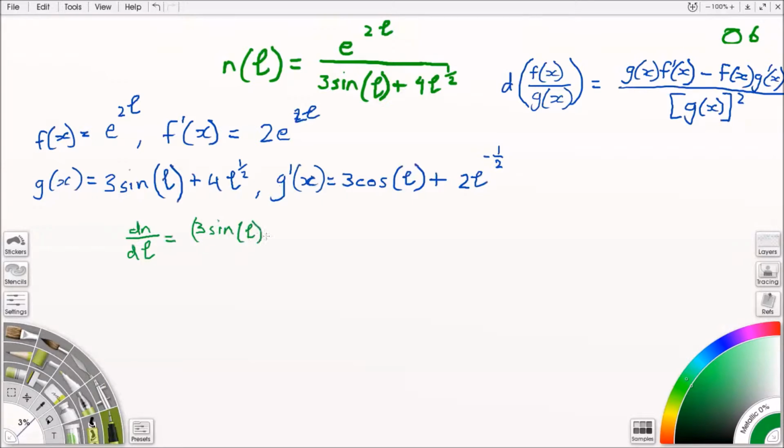I do not mean that at all. It sucks. 4L to the half, we'll just go off that. The derivative of f of x is 2e to the 2L. That looks more like an L. And then minus f of x, which is e, I'm going to put this in brackets, 2L.